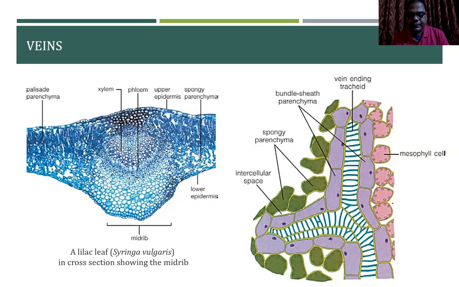The cells in the bundle sheath work to load sugar into the phloem and to unload water and minerals out of the xylem. The main vascular system difference is between many dicots and the monocot leaves. In the monocot leaves, there are several main bundles running parallel along the length of the leaf, rather than a single midrib. We'll study the structure of the venation when we go deeper into that.